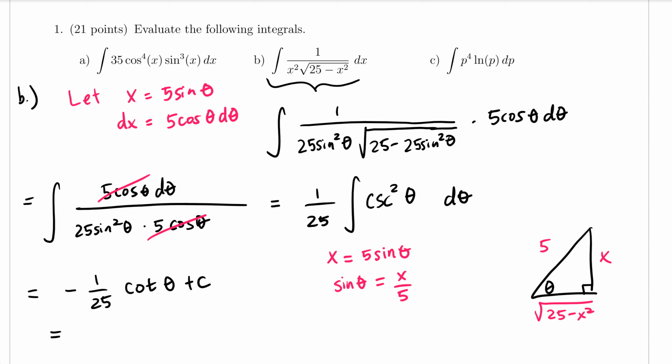So then coming back here, we have negative 1 over 25. We know that tangent is equal to opposite over adjacent, so cotangent would be the reciprocal of that. So it'd be the square root of 25 minus x squared over x plus c.